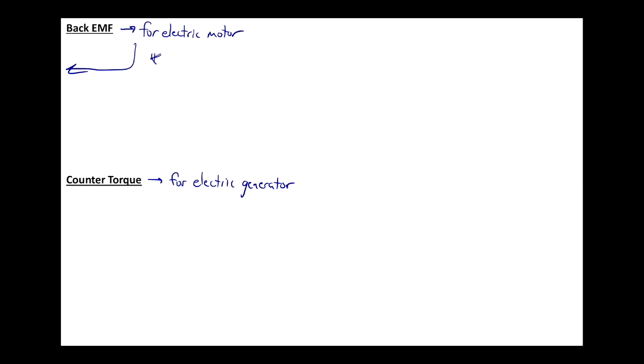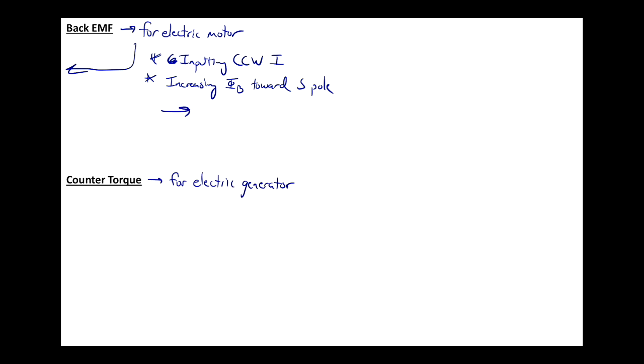So let's say in the diagram, we are inputting counterclockwise current. And then we're going to have an increase in magnetic flux that's pointing toward the South Pole.